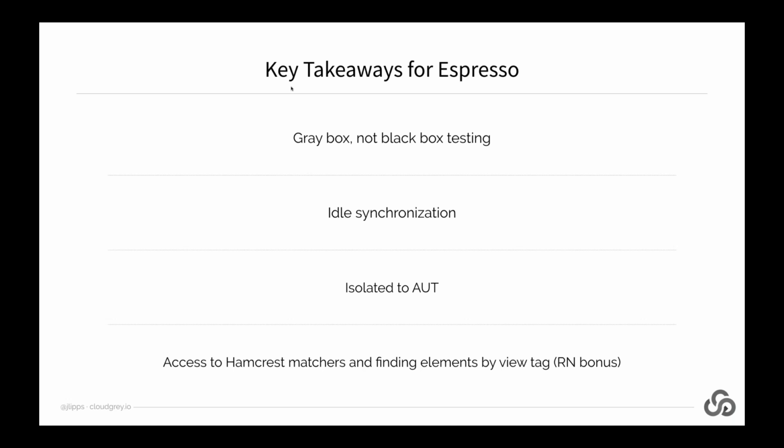We can also find elements by a view tag, which is an Android-specific piece of information about elements that can be added by developers. This is especially helpful for React Native because React Native puts the test IDs into the view tag on Android. And right now, the Espresso driver is the only Appium driver that actually gives you access to the view tag of an element.